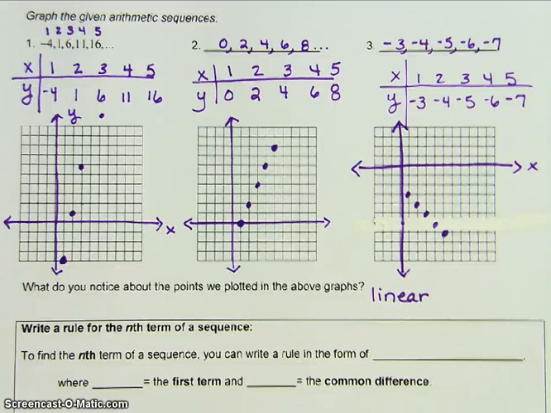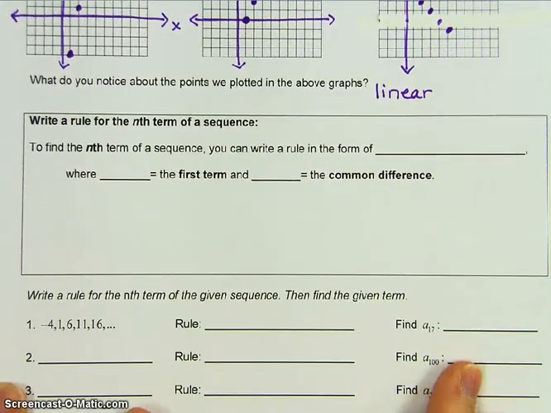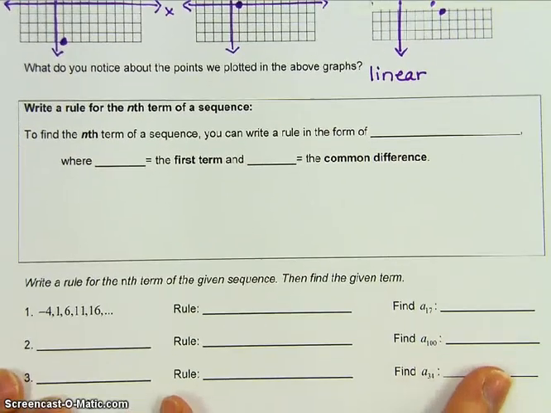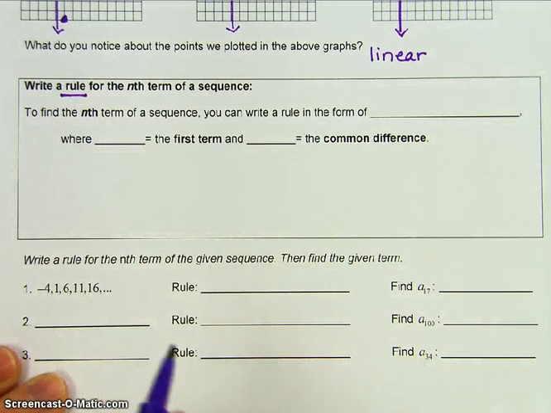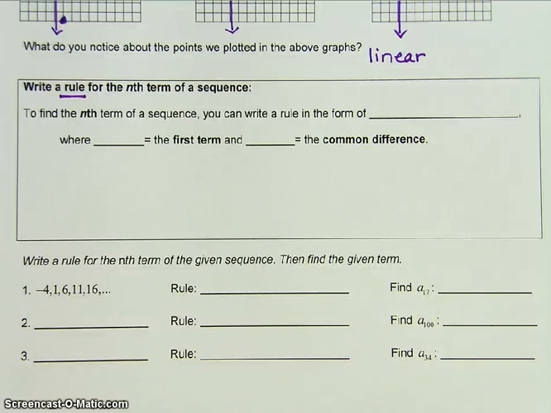Now, the next part is how you take your graph, you take your sequence, and you actually write the rule. And remember, we've been writing the rules, and we say write the equation. So this is weird notation that you may not be used to, but it's very easy once you get used to this notation.